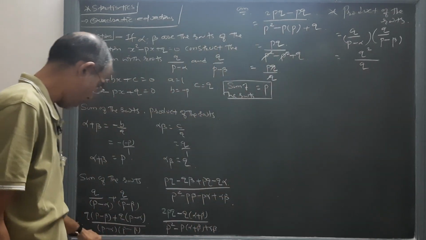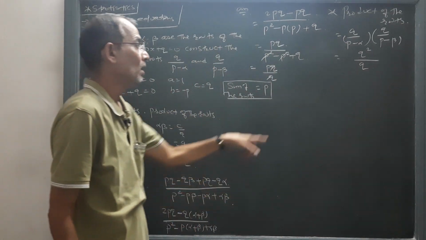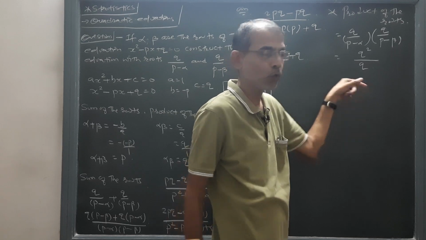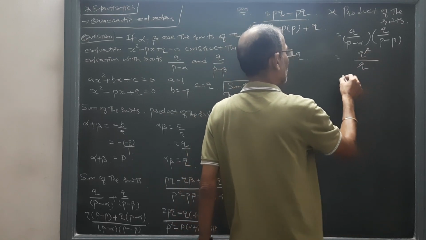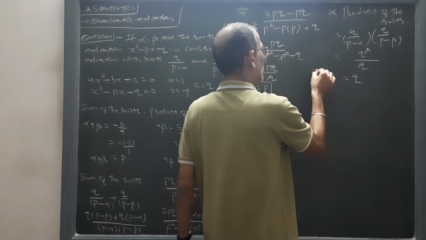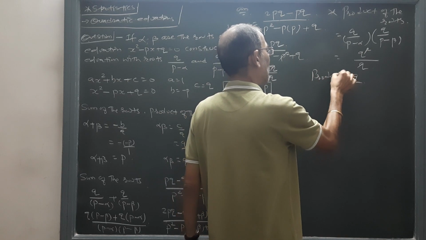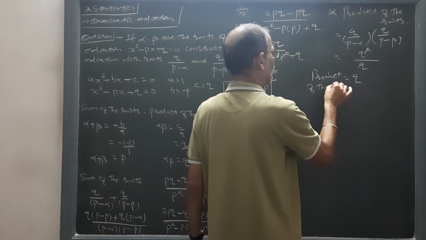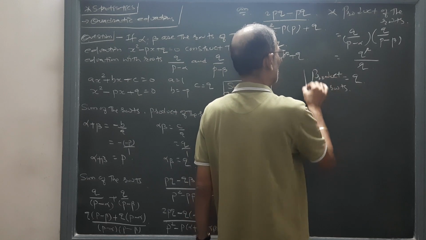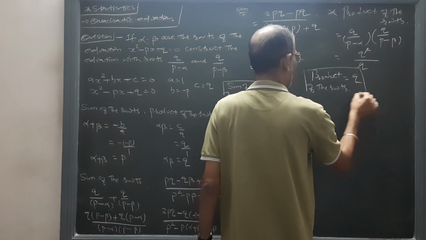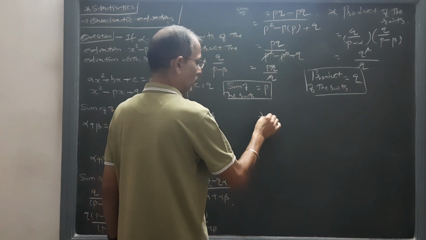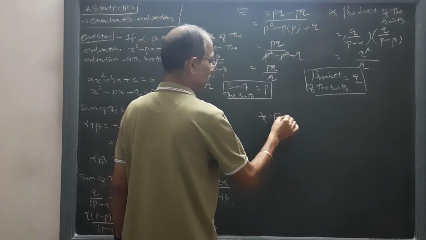P minus alpha into p minus beta gave us the value q. The q will be cancelled. So the product of the roots is also q.